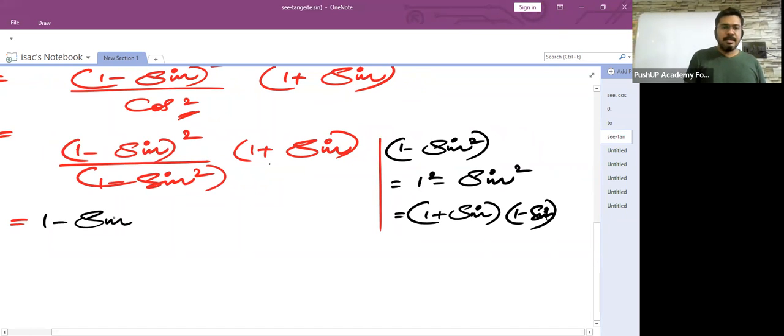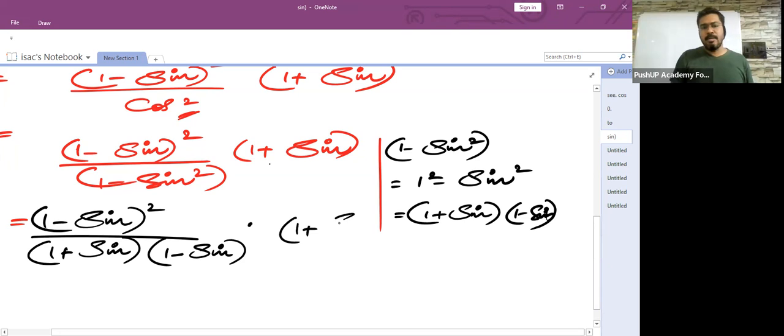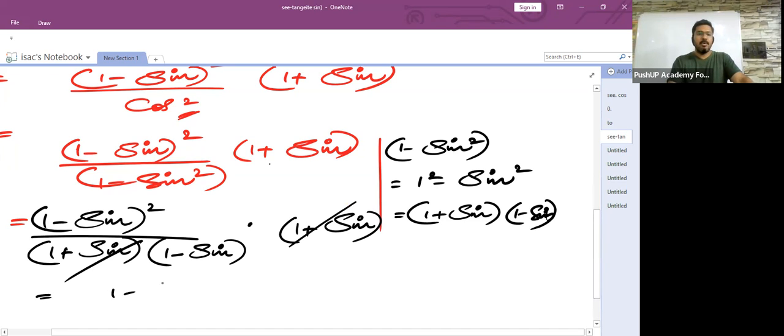1 minus sine the whole square divided by 1 plus sine into 1 minus sine, and then again into 1 plus sine. So what will happen next? 1 plus sine gets eliminated. Now what is left? 1 minus sine the whole square divided by 1 minus sine.